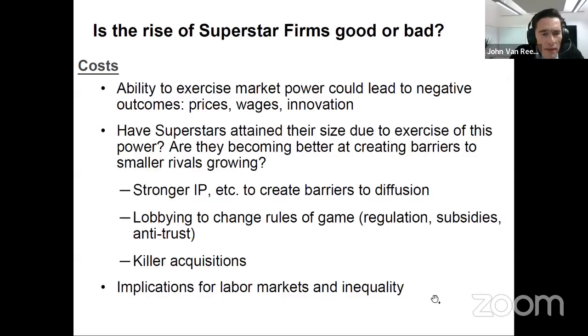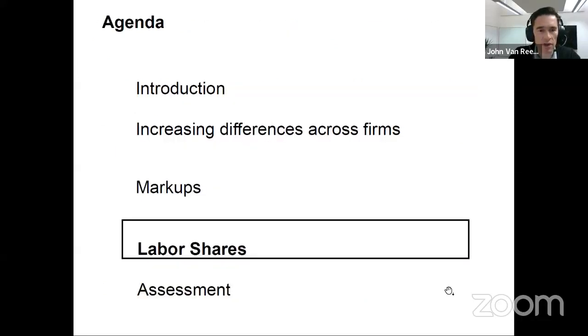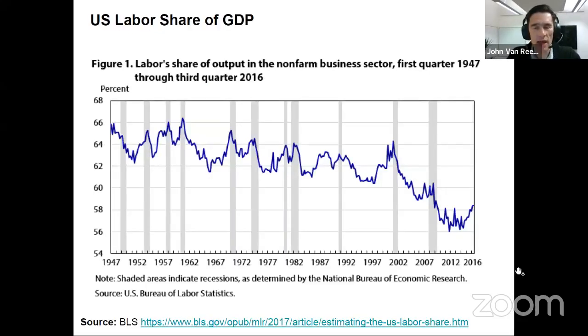And then there's a set of implications as well over what we think is going to happen, as I mentioned, to labour markets and inequality. So I'm going to focus on one aspect of inequality now, which is what's happened to the share of labour. If you look at the US, this is the share of GDP which is going to labour, and this is since the Second World War.